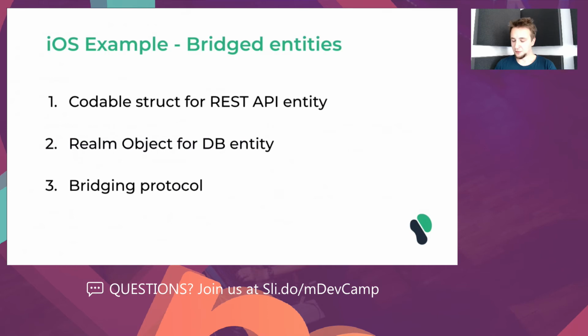In iOS, if we want to use Realm, we need to define a Realm object for this data persistence. And in order to be able to convert those objects easily, or basically handle them as if they were one type, we want to define a bridging protocol. So we are not only duplicating information here, we are actually triplicating it, which is horrible, right?